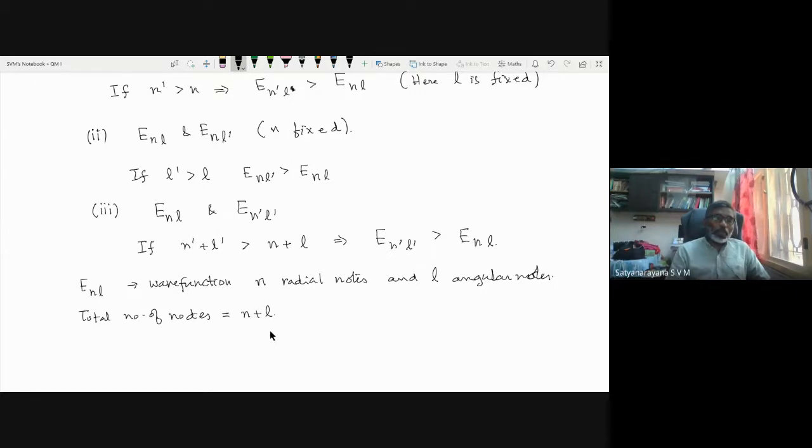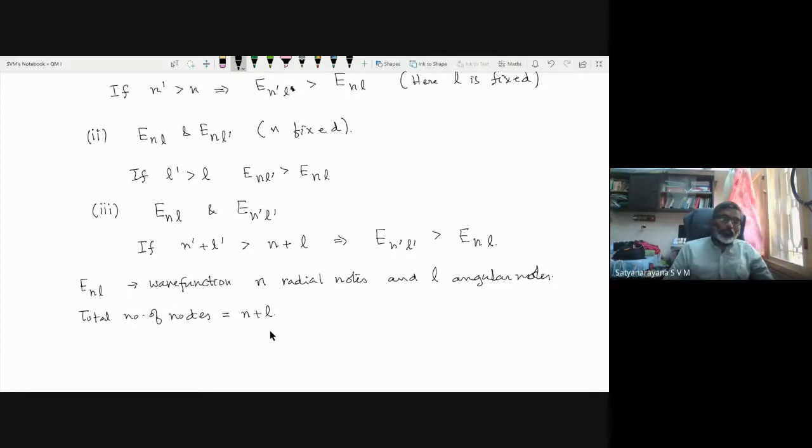So if the total number of nodes is large, then the energy will be larger. That is the reason that when n and L both are changing, you have to use what is called the n plus L rule. And this n plus L rule is because of the number of nodes. Okay, so this correspondence between the number of nodes and energy is monotonic.